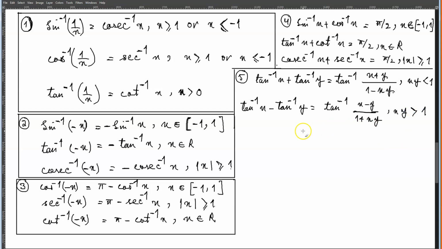And we said that tan inverse of x plus tan inverse of y is equal to pi plus tan inverse of x plus y over 1 minus xy for x times y greater than 1 and x and y greater than 0.